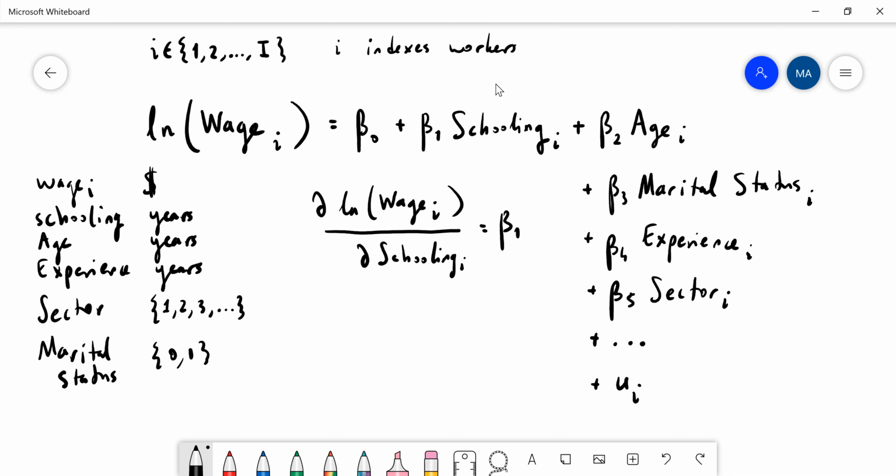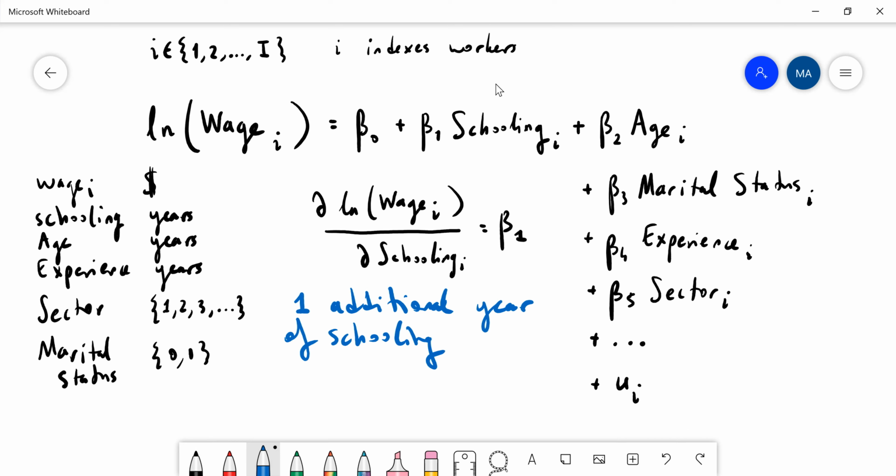So this tells you one additional year of schooling creates a beta 1 percent increase in wage, right?